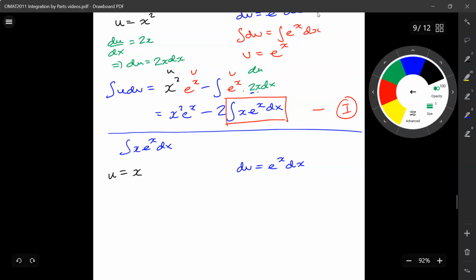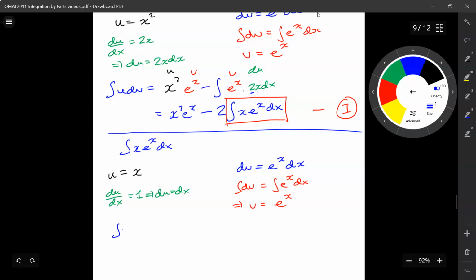Once again, we have to get du and v, so differentiate this. du dx is equal to 1. That implies that du is equal to dx. On this side, I can integrate both sides, so the integral of dv is the integral of exponential x dx, and that implies that v is equal to exponential x, like so.